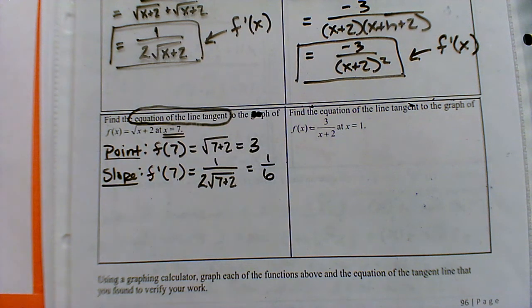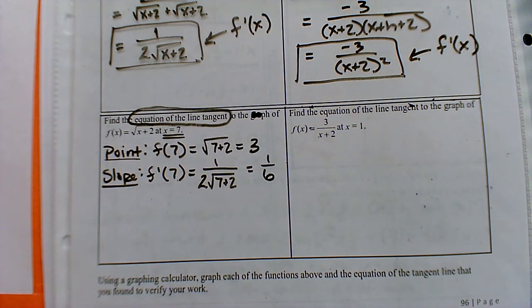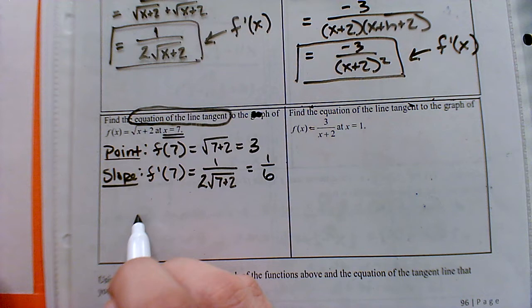Okay. So now that we know the point and now that we know the slope, how can we combine those two pieces to finally write our equation? Do we remember point slope form from yesterday? Okay, because that's the information we know. What would it look like?